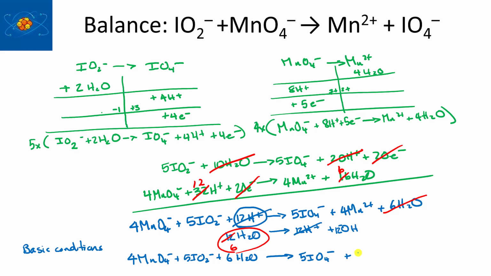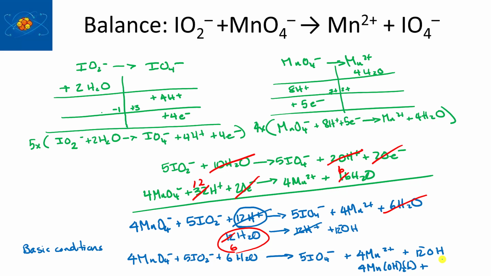So rather than writing this, it's probably technically more correct to write it as this, plus, and then that takes up 8 of them, right?